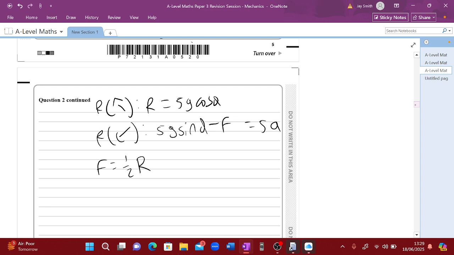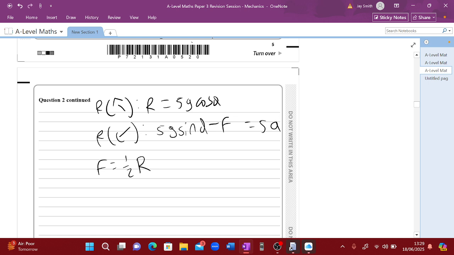All these questions work in the same way: get all your resolving equations, or moments if relevant, and then work with them to solve. Essentially it's the same thing every time. The hardest thing is spotting where the forces are and how to resolve, but once we've done it, it should be fairly standard.